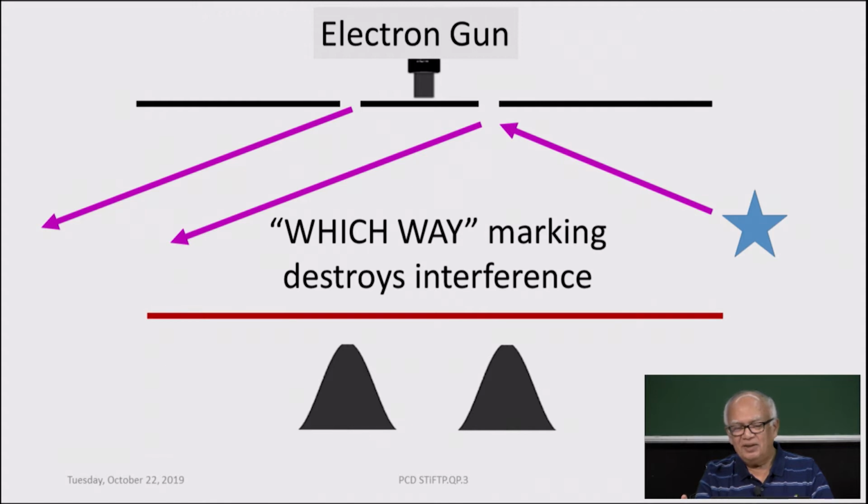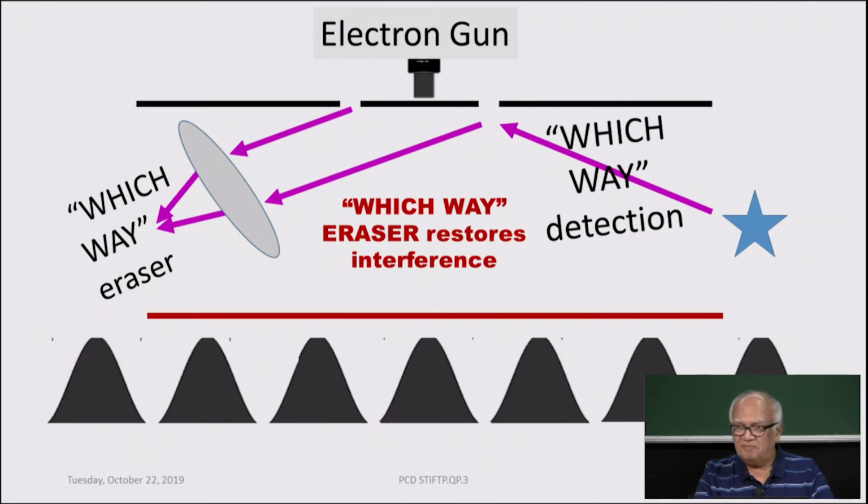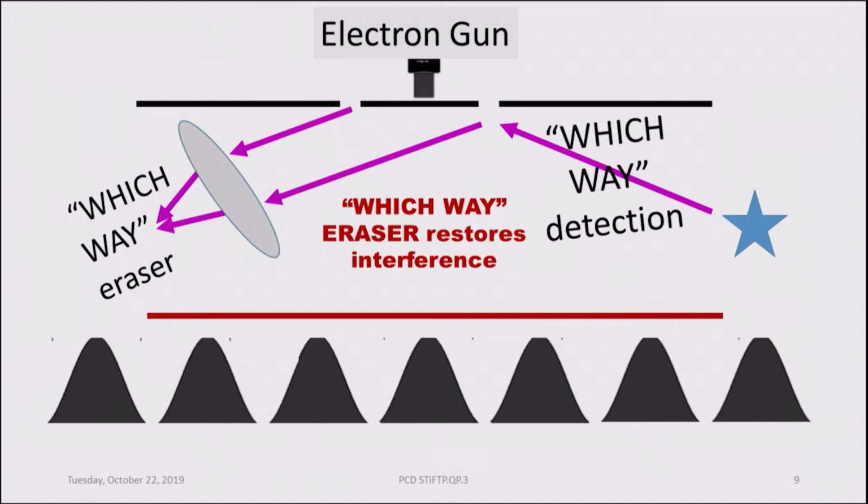But suppose you erase this information. How can you erase this information? You can put a lens, and now you do not know from which slit the scattered light has come. So, the information is gone and the interference fringes reappear.